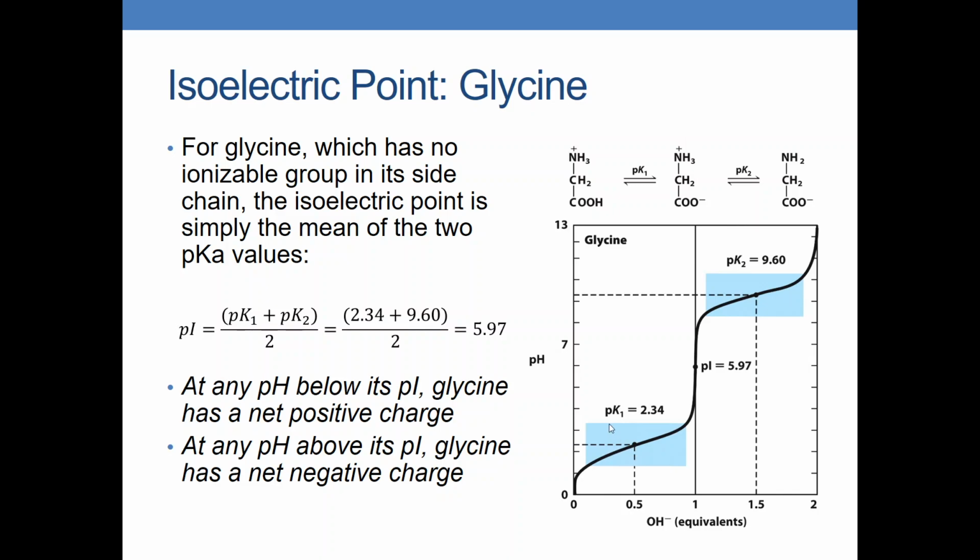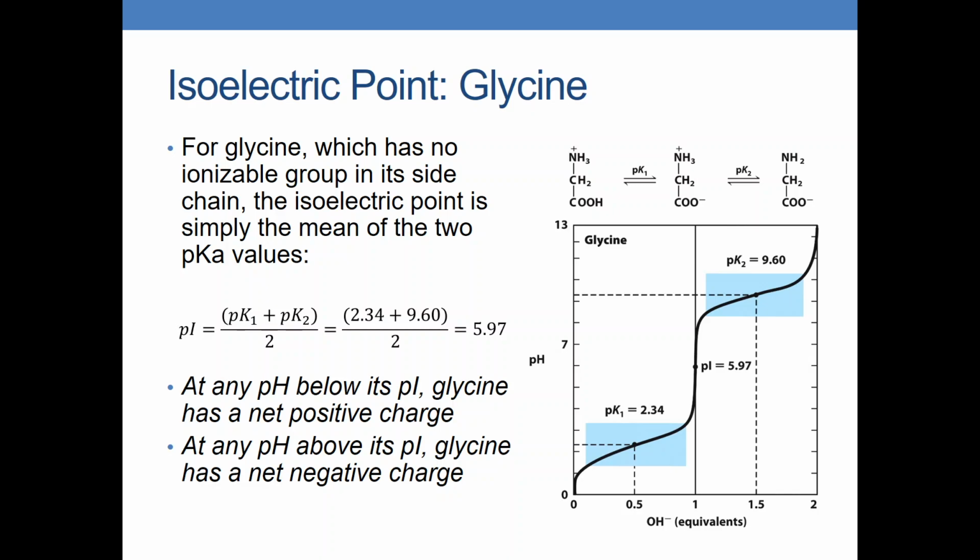Now, if my pH is equal to 2.34, if I am at this very condition, the overall electrical charge for my solution is the average of 1 and 0. So for those of you that have forgotten how to do that math, the average of 1 and 0 is 0.5. So when my pH equals 2.34, my overall net electrical charge is 0.5.